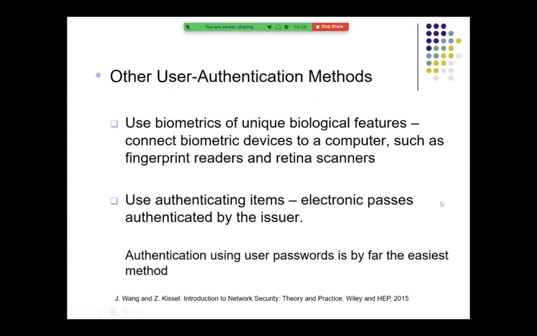We will talk about this when we talk about the Kerberos authentication protocol in chapter 5. And also when you use web browsers, you have a cookie when you visit a web site.